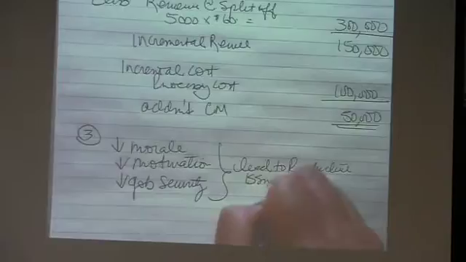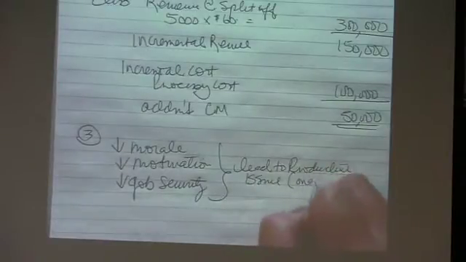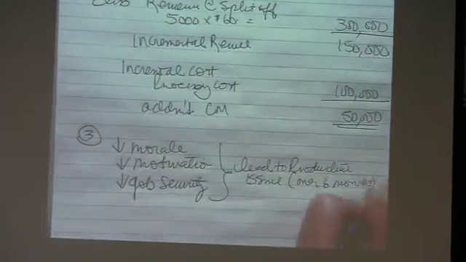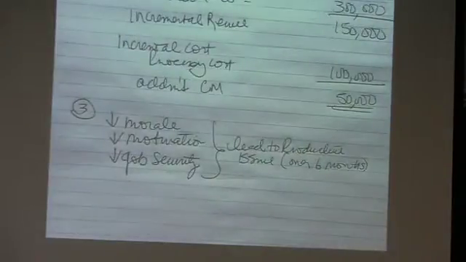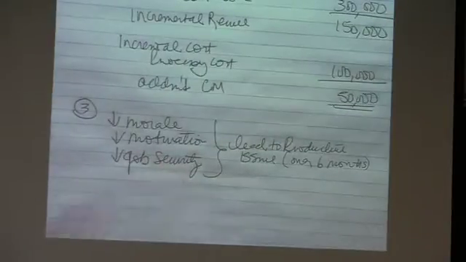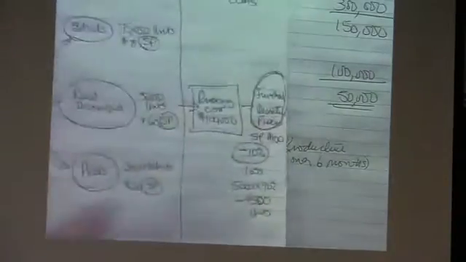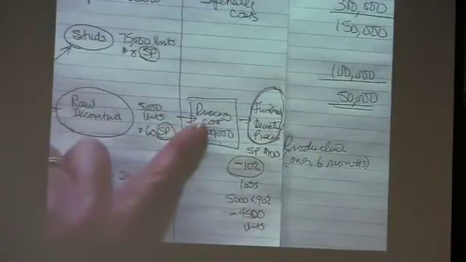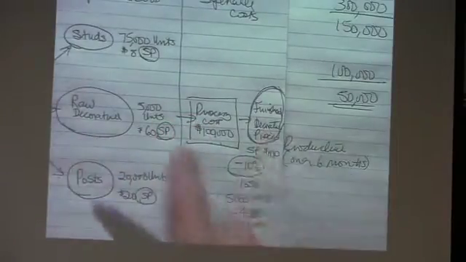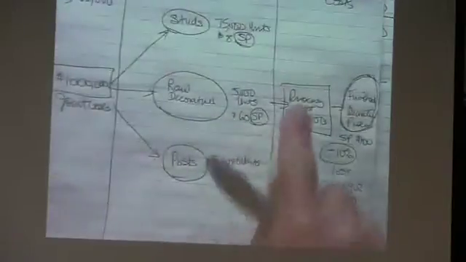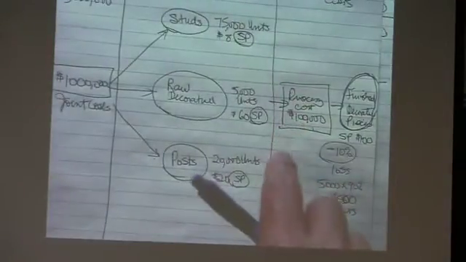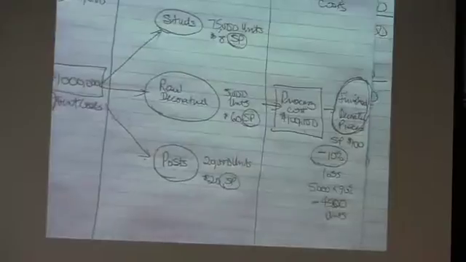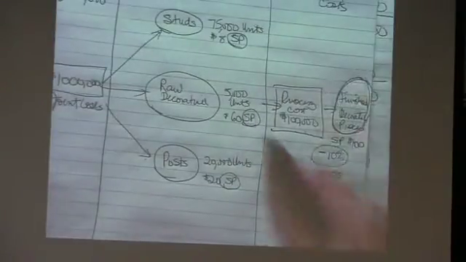Because remember, this is still going on over 6 months. They're making the announcement today. It's not going to happen in 6 months. What's going to happen is people that are in that particular department are going to be a little bit worried. They're going to have decreased morale, decreased motivation, no job security. And again, people that are highly skilled are going to start looking for a job. They're going to leave before the 6 months. And what happens is it creates really a quality issue here.